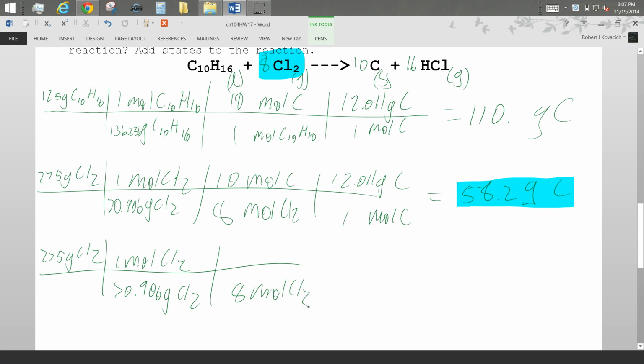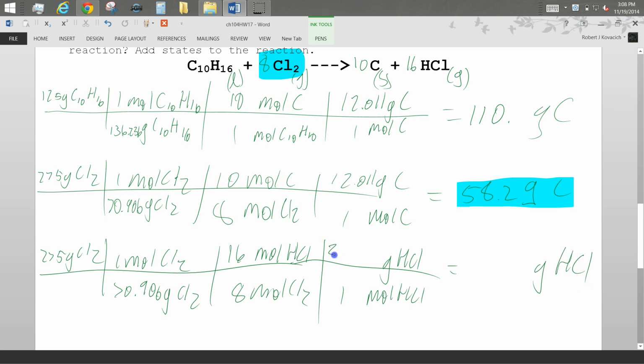So to this point, everything's identical to the calculation where we determined the limiting reagent. Now I need to switch over to a different substance, and it'll be the hydrochloric acid. So it'll be 16 mole HCl. And so then I'll go moles HCl, 1, and then grams HCl. Somebody got a mass for that one? 36.461. Great.